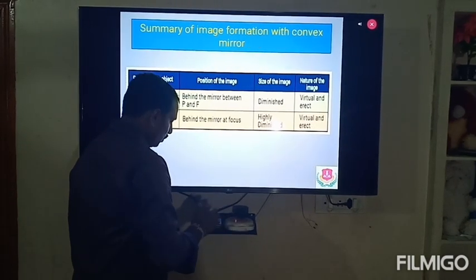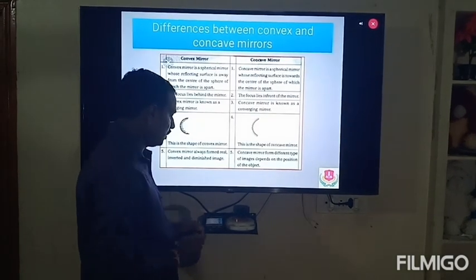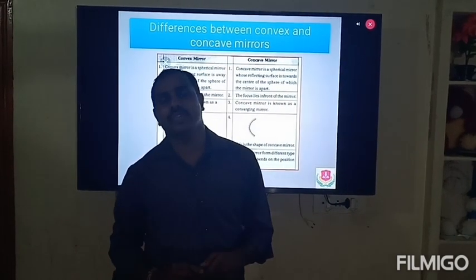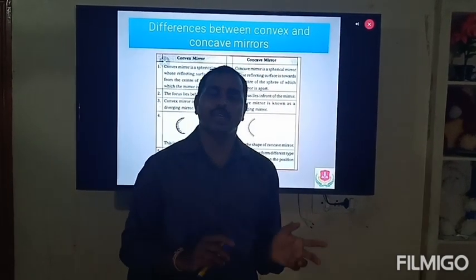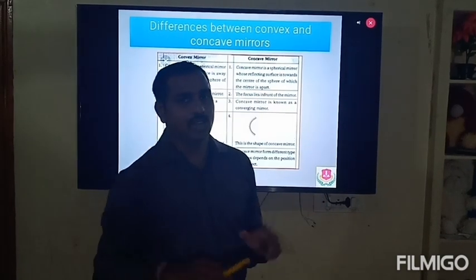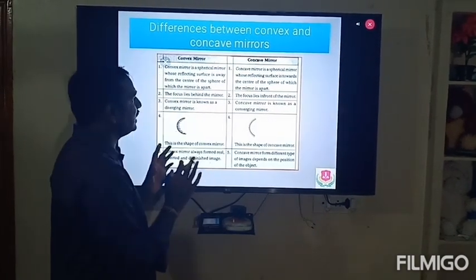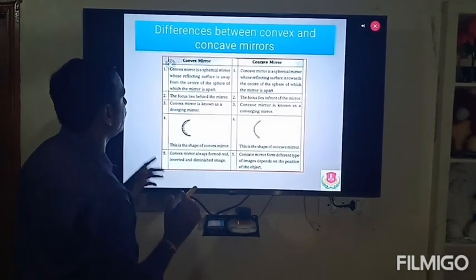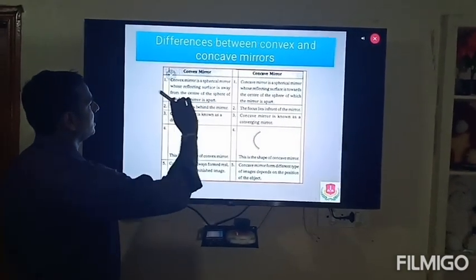Now by seeing all these cases, we can easily differentiate the concave mirror and the convex mirror. Now I am going to explain the differences between them. What are the differences between convex and concave mirrors?